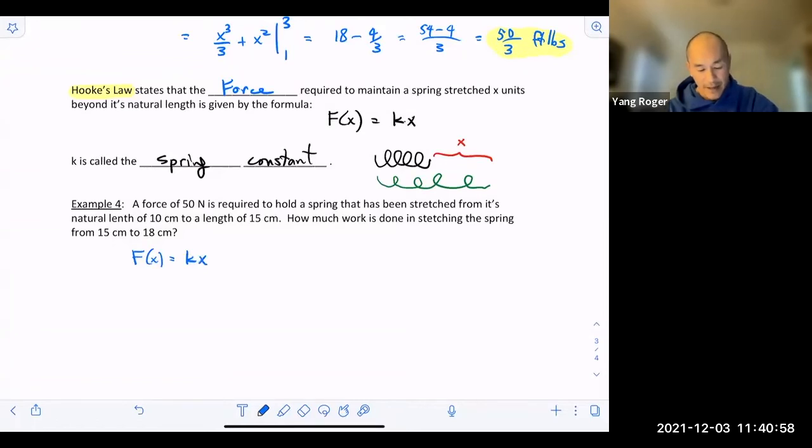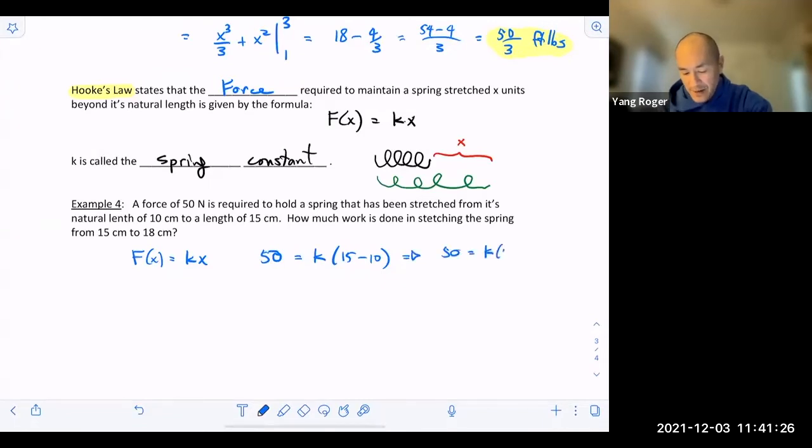And they tell me that 50 newtons is required to stretch it 15 minus 10, which is 5 centimeters beyond its length. So I hope you can see that this is going to be 50 is equal to k times 5.